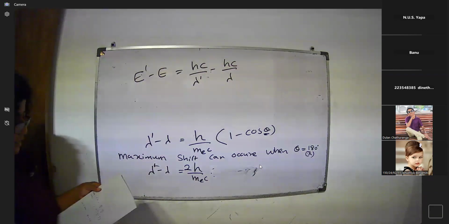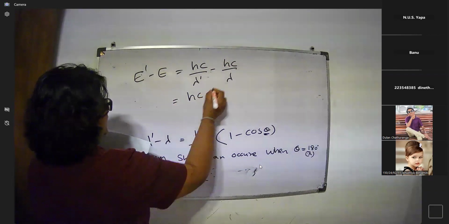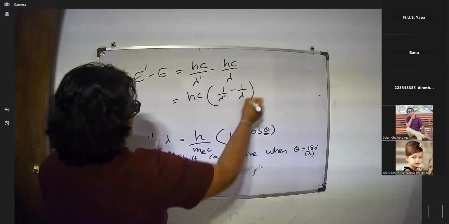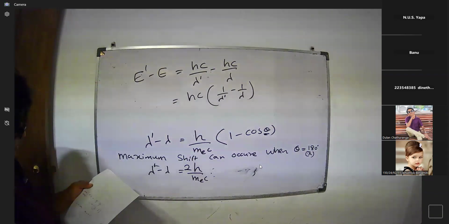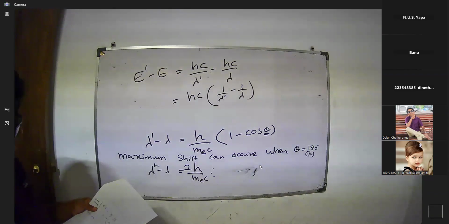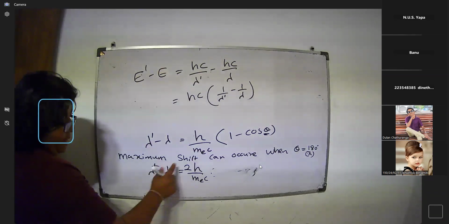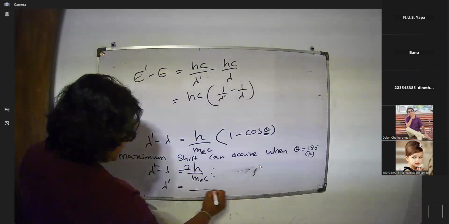Then we can take hc times (1 over lambda dash minus 1 over lambda). In this equation, you can find the lambda dash value when the maximum shift occurs.